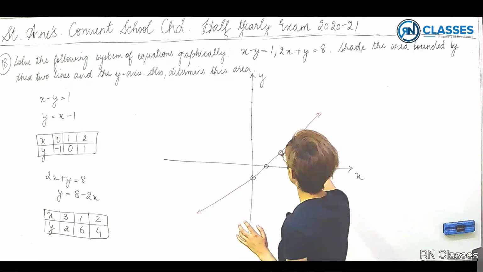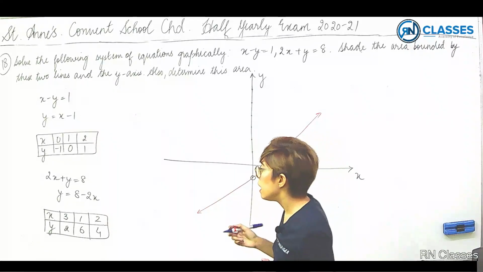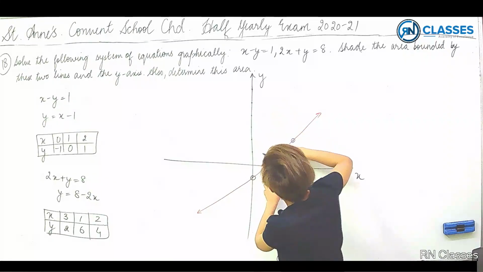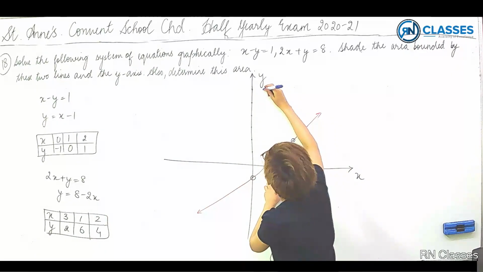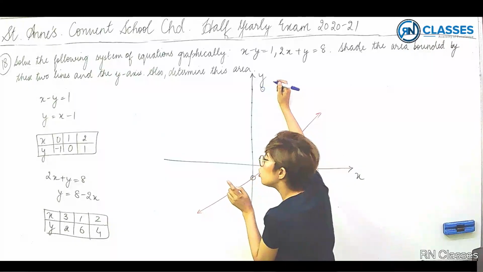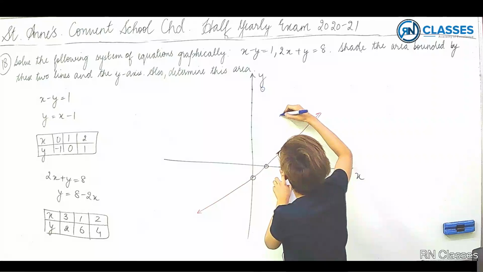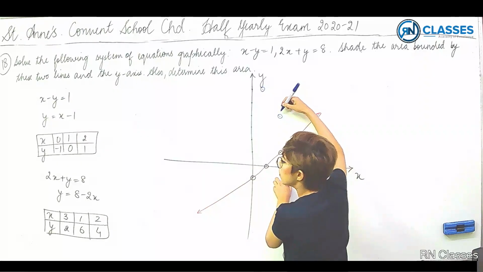Okay, probably you will see it comes on the line. Great. And then 1 comma 6. So 1 comma 6 here. And then 2 comma 4. 2 comma 4. So here. Right. Okay, I should have made this. Okay, fine.